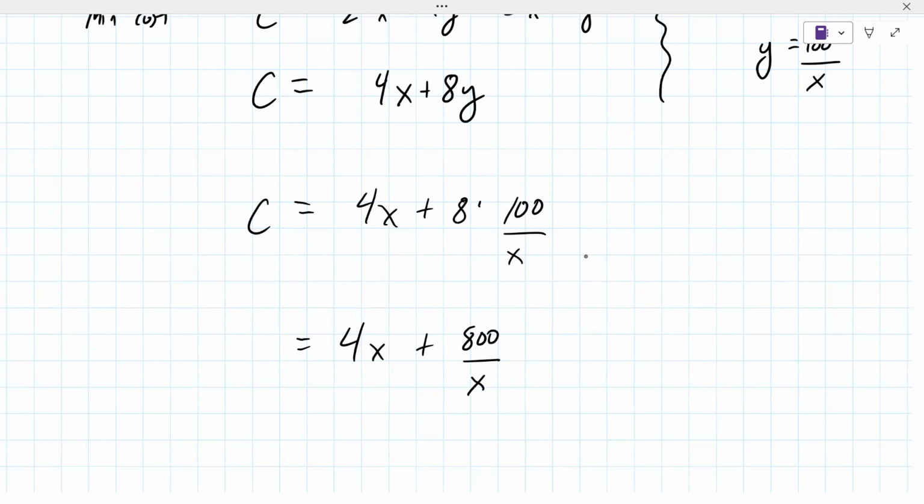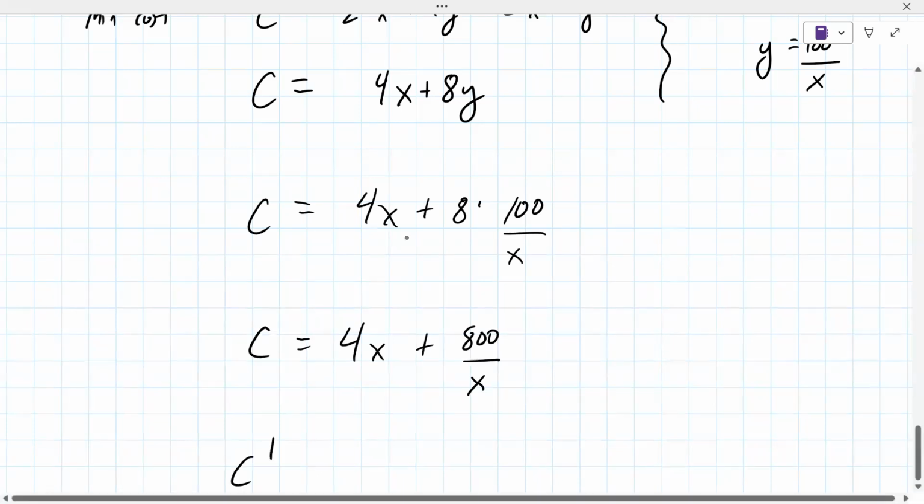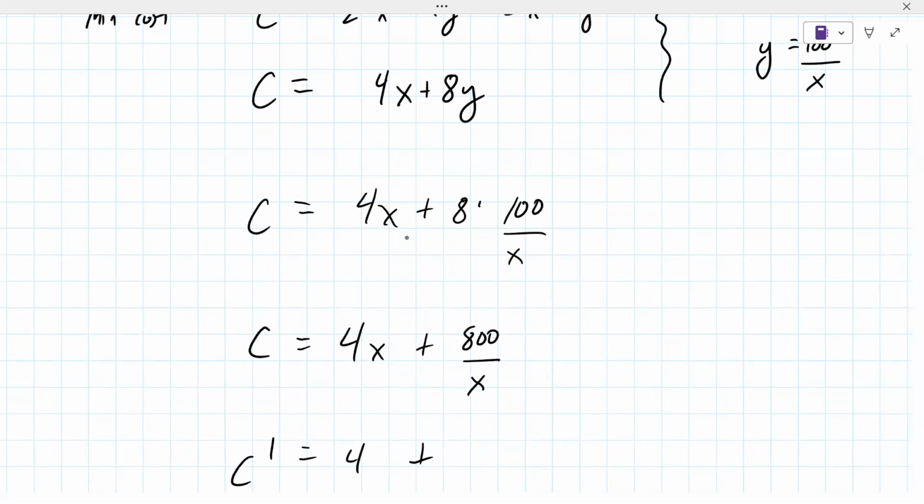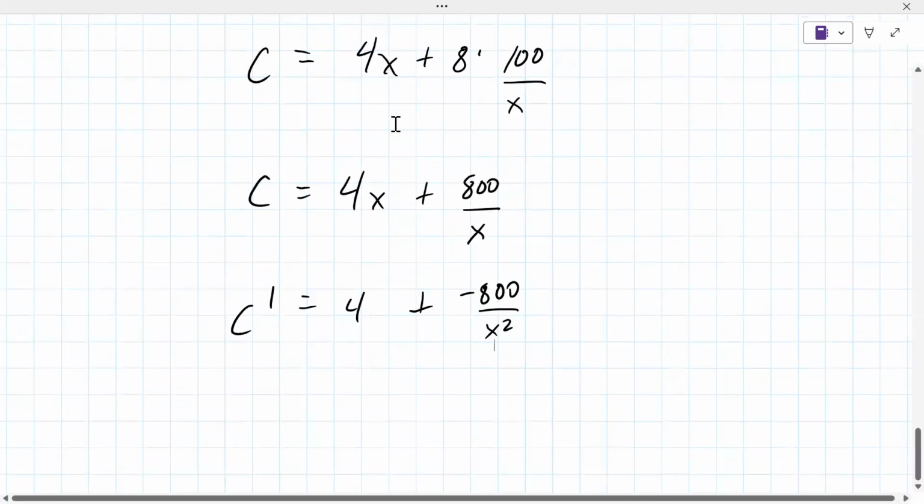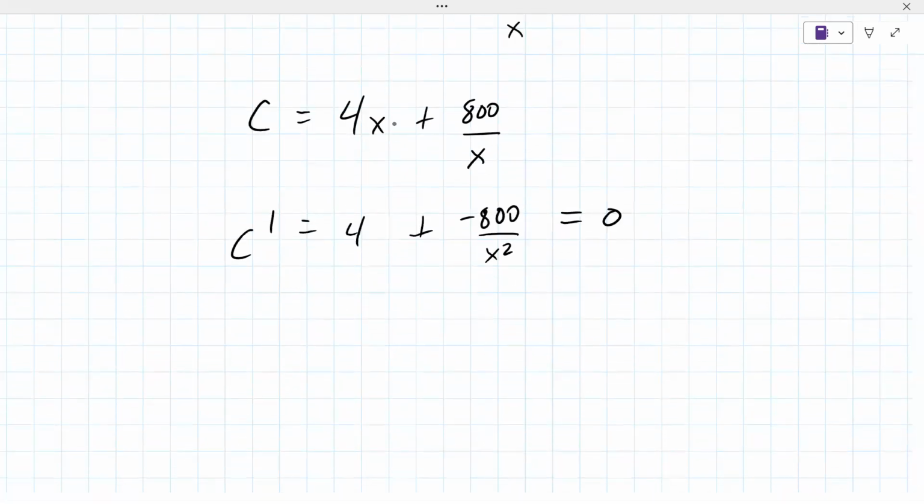Okay. So 4 plus, hold on, negative 800 x to the negative 2 power. Okay, so you set this equal to 0. Could you solve for x for us, please?